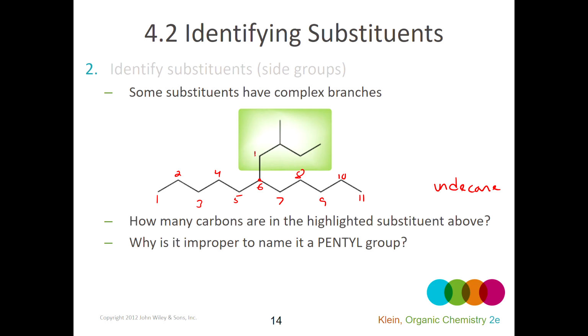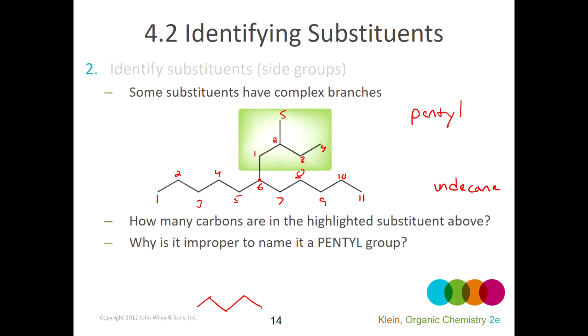And when I count the substituent, it's 5 carbons, and the prefix for 5 is pent, and since it's not the parent chain, I would usually put a YL suffix on that. I can't call this molecule pentyl-undecane though. Pentyl-undecane would look different.